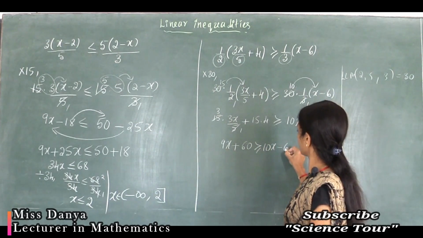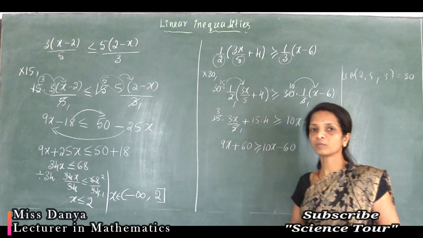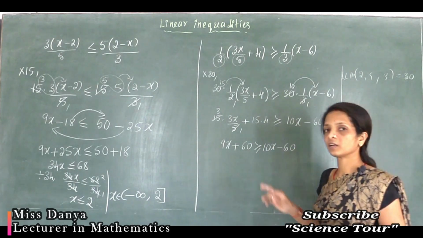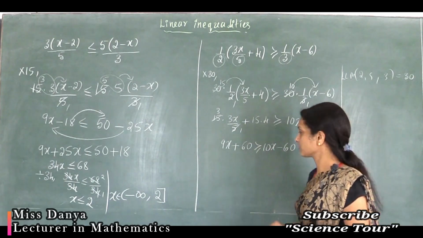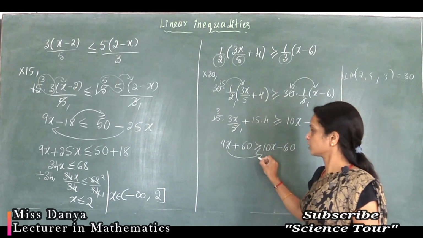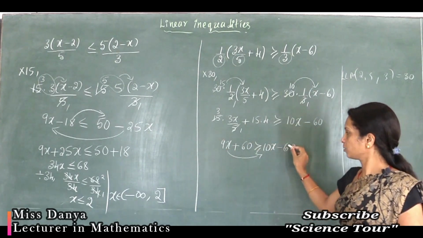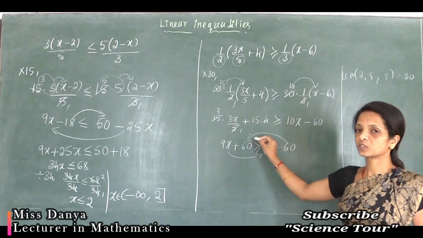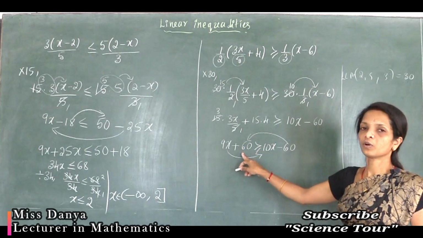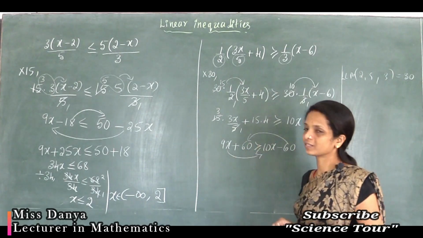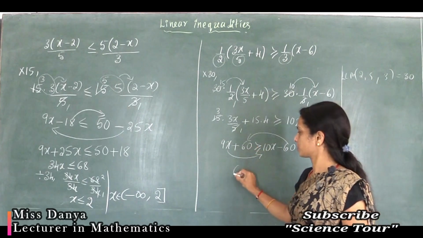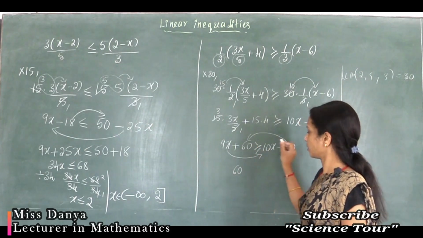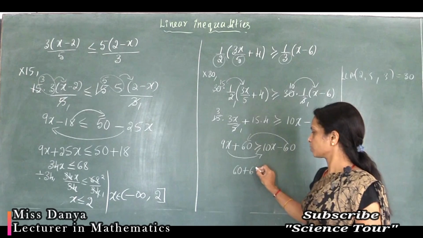So 9x plus 15 into 4, that is 60, is greater than or equal to 10x minus 60. Now the x term is larger on which side? Larger on the right side. So to that side you shift all x terms, that is 9x, and to the other side you shift the numbers. Minus 60 you shift to the left side as plus 60. Already this 60 is there, so write it without change, and this minus 60 on the left side becomes plus 60.